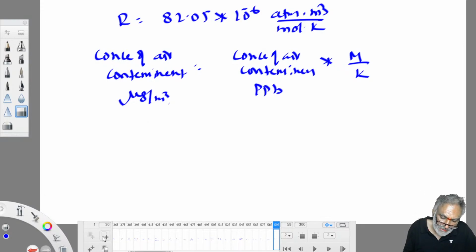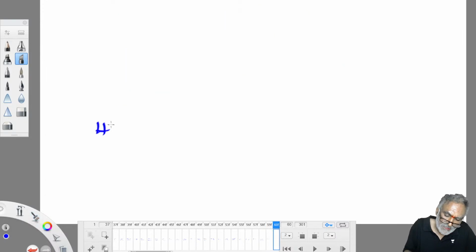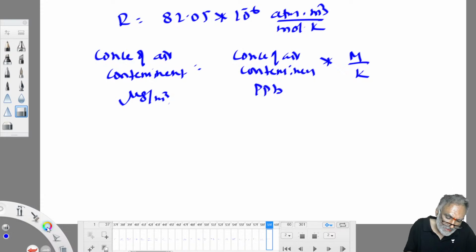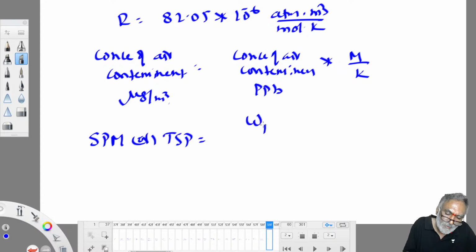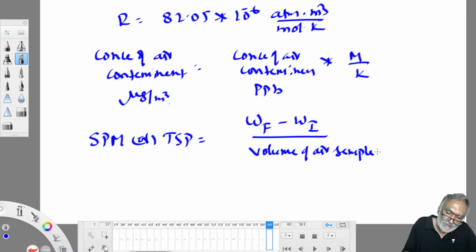Then second question is the high volume air sampler, that is total suspended particulate matter present in gaseous state. SPM, suspended particulate matter, or total suspended particulates is equal to W final weight minus W initial weight by volume of air sampled using high volume sampler.